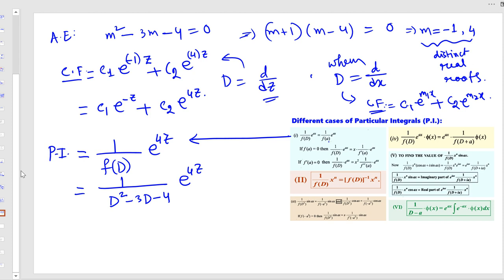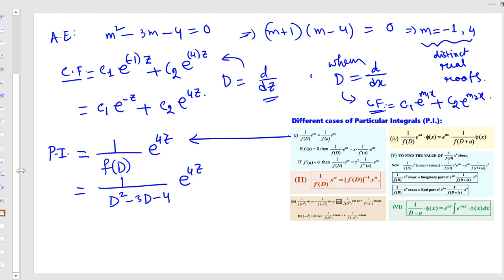Now if you substitute D equals 4, 4 squared minus 3 times 4 minus 4, this becomes 16 minus 12 minus 4. So this becomes 0. So that is why we cannot apply directly this formula.